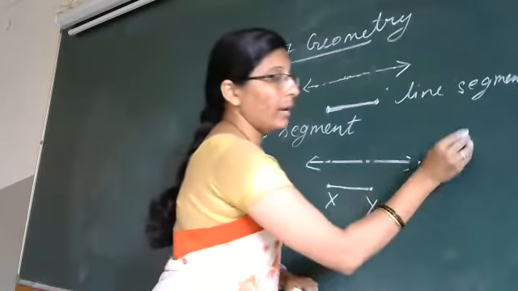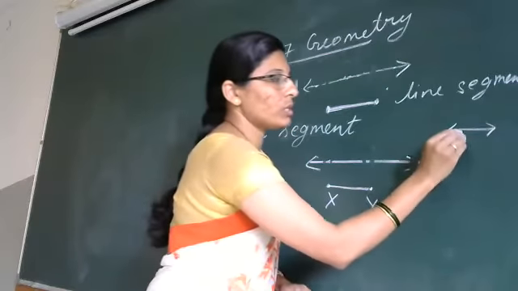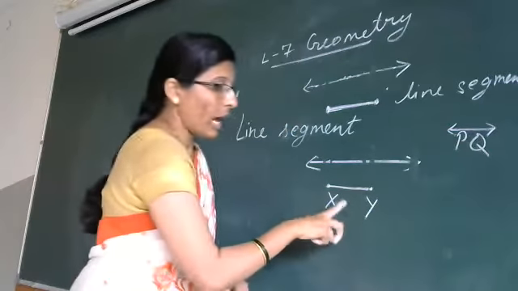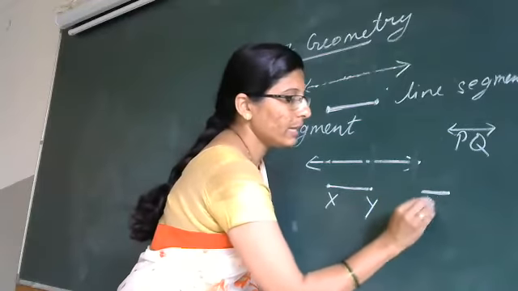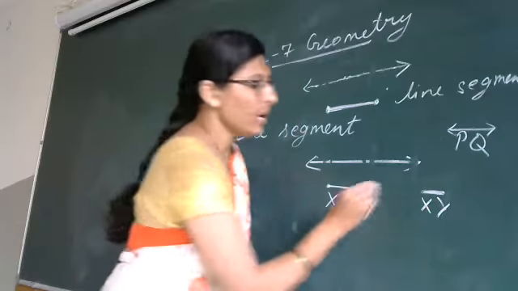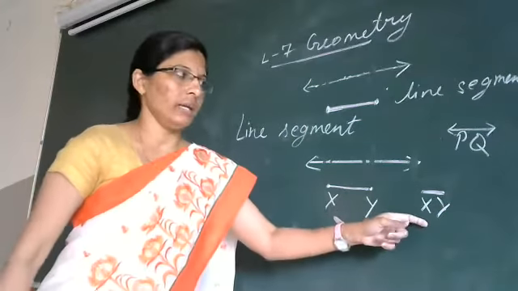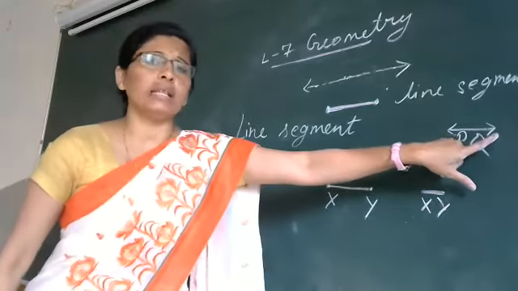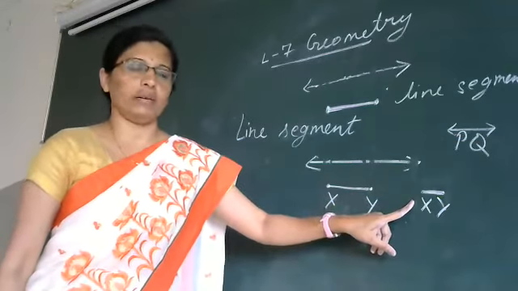For a line, the symbol has two arrows. But for a line segment, only like this, XY, with a line and two small dots at the start and end. Two arrows are there, it is a line. When arrows are not there, it is a line segment.